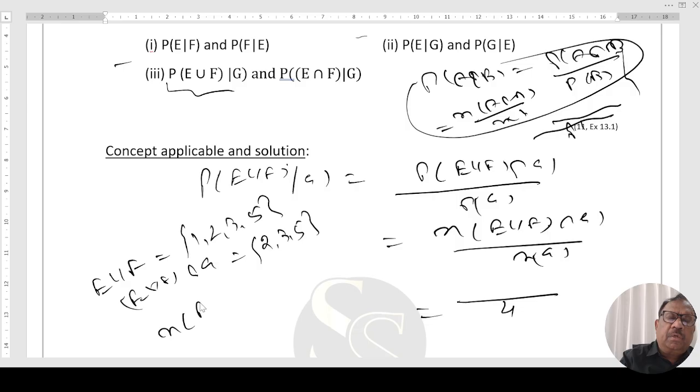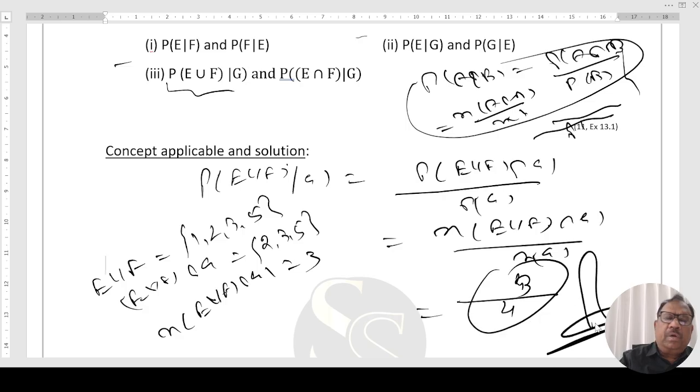Therefore N of (E union F) intersection G equals 3. The answer is 3 by 4. Right. Next question.